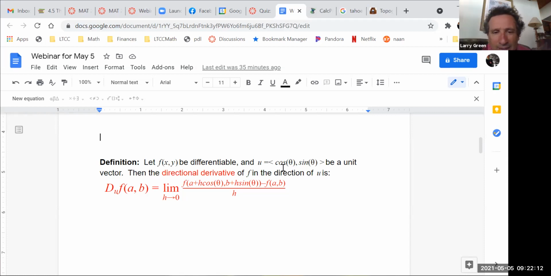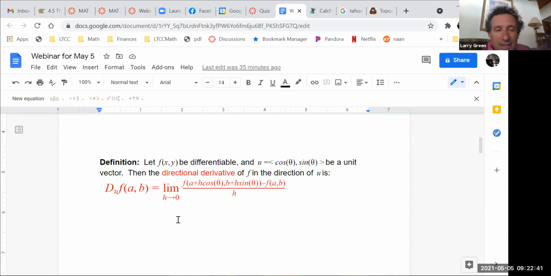Now we're adding h times the unit vector, so the direction of the unit vector with magnitude h. So that is f of (a plus h cosine theta, b plus h sine theta) minus f of (a, b), divided by h. So here is our definition of the directional derivative.